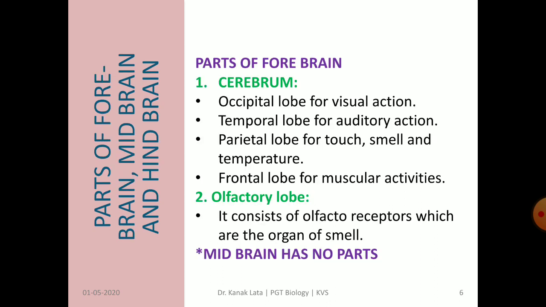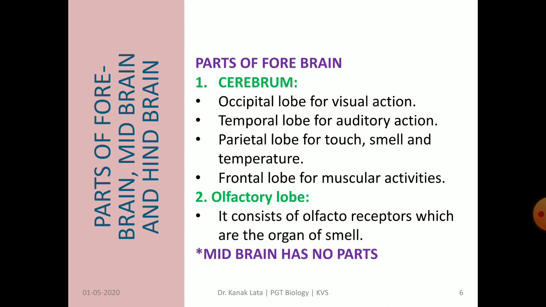Now let us see different parts of forebrain, midbrain and hindbrain. First we will study about parts of forebrain. Cerebrum is the first part of forebrain, which consists of various lobes.